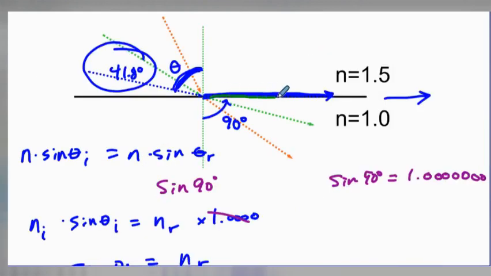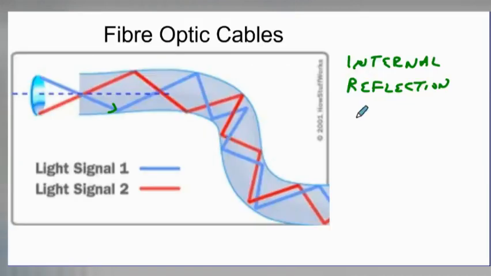Essentially it's bouncing back and forth through this medium, and it doesn't ever escape. In fact, it's referred to as total internal reflection, meaning that it never escapes. So the light just keeps bouncing through, and you can send multiple signals down through this plastic wire, and the light never escapes, and it just keeps going.